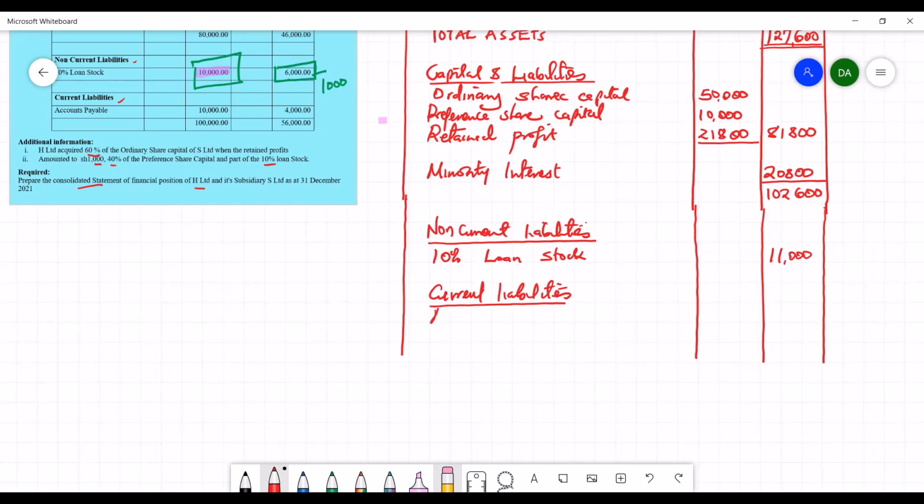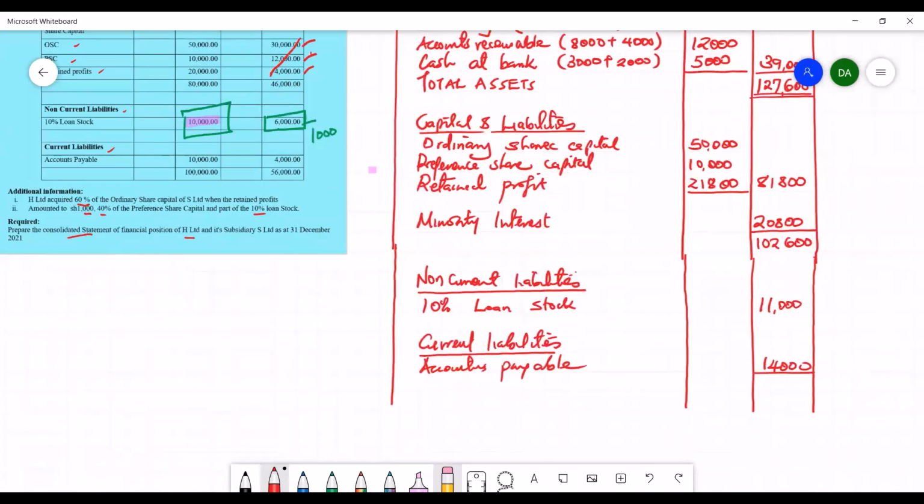That is the accounts payable. Right. So if we add 11,000 and we add 14,000 to 102,600, we're going to get a total of 127,600.